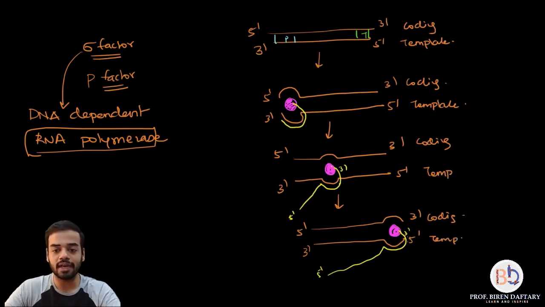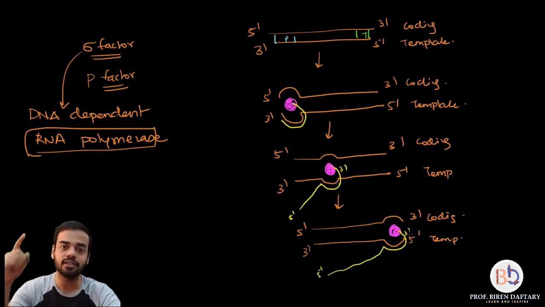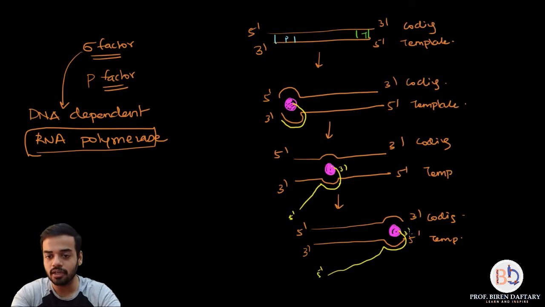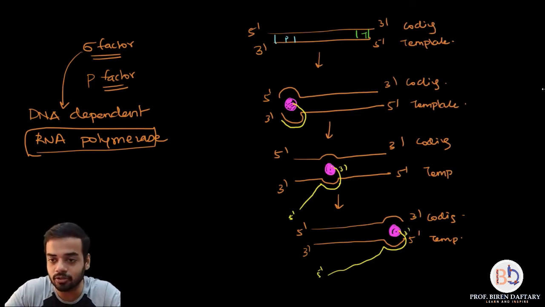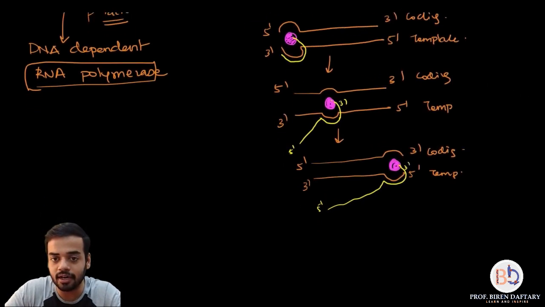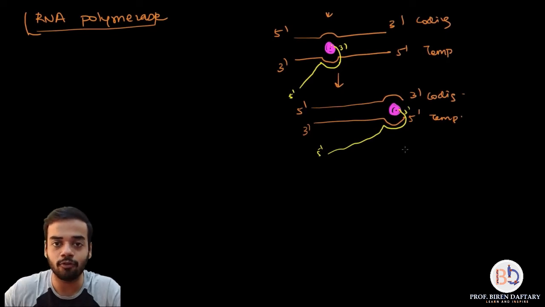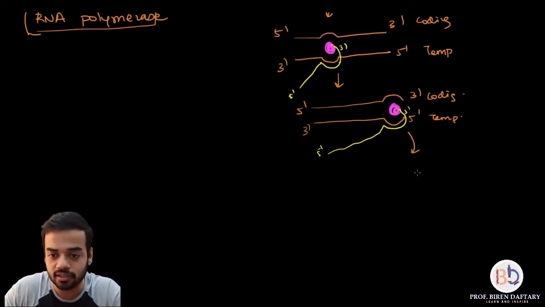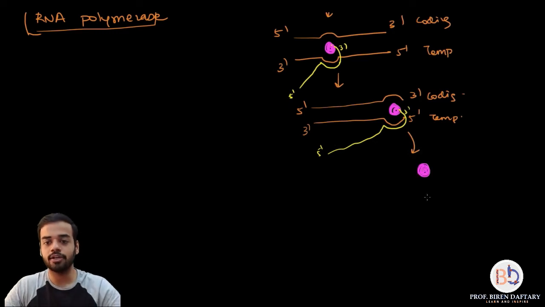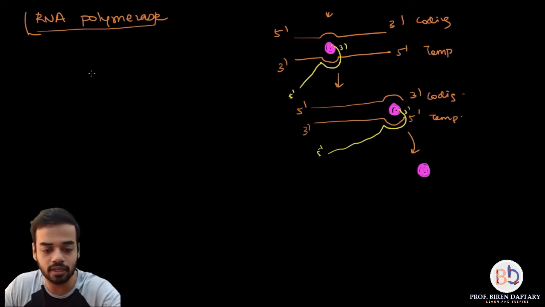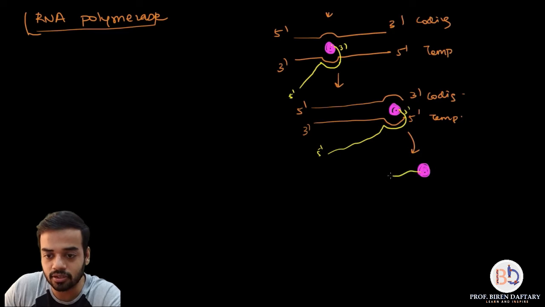So as soon as the RNA polymerase reaches the terminator area, the rho factor tells it that transcription is over, and because of that RNA polymerase basically falls off from the DNA double helix, and the next part which I am going to show is your RNA polymerase, and to that is attached your mRNA, correct?